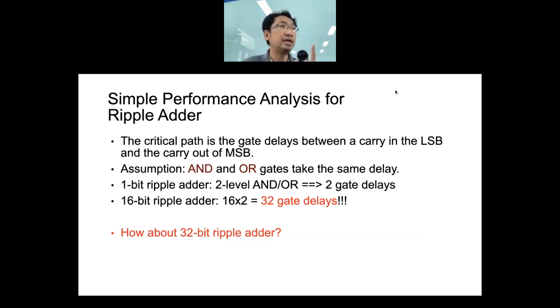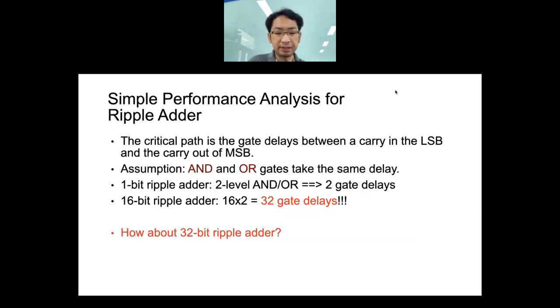So in the first level of the circuit, the AND gate takes only one gate delay, and the second level takes another gate delay. So in total, for a one-bit adder, it takes two gate delays. So if we have a 16-bit ripple adder, we will have a 32 gate delay for this adder.